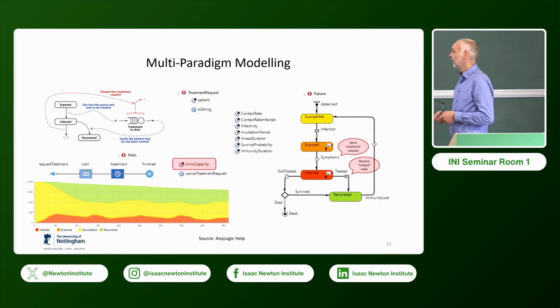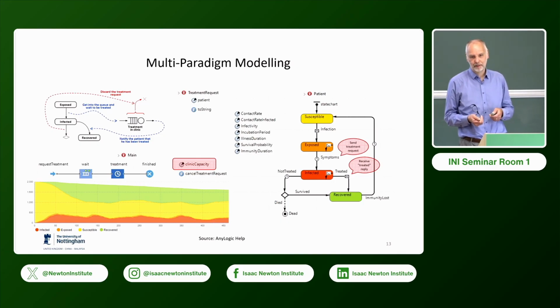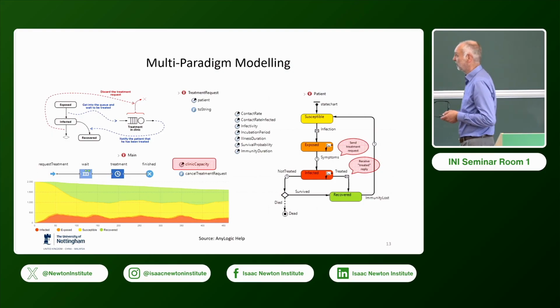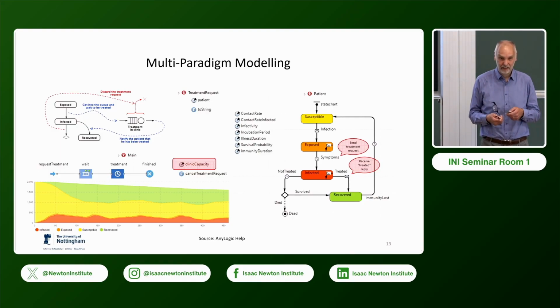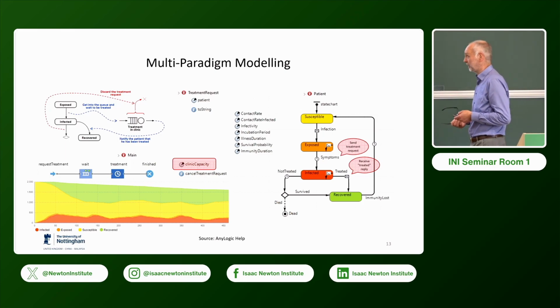Now here, I started having a multi-paradigm model. So I mixed the agent-based model with a discrete event simulation. And that's good if you want to model how many hospitals you need, for example, to treat people who are infected.